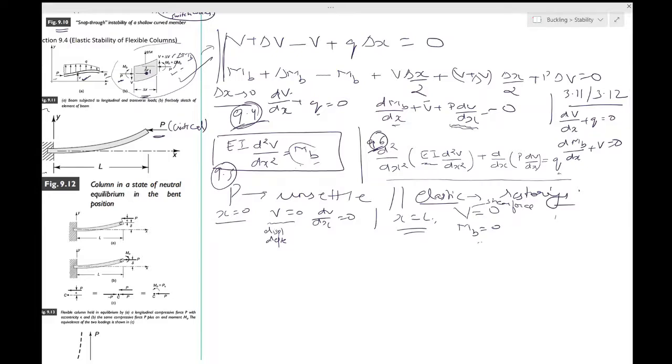So you can put all of it in, and then we can write this equation 9.6 as EI d4v by dx4 plus P d2v by dx2 equals 0.